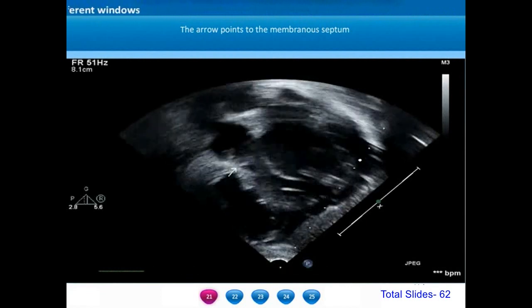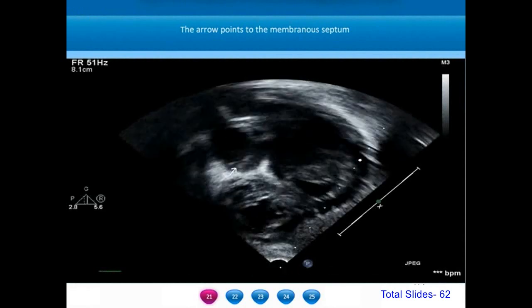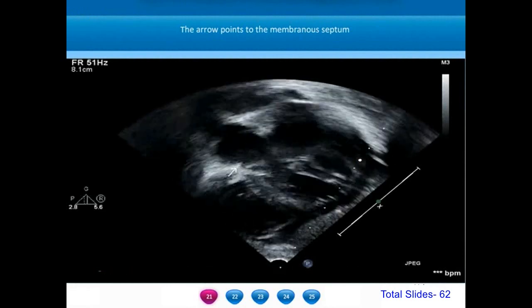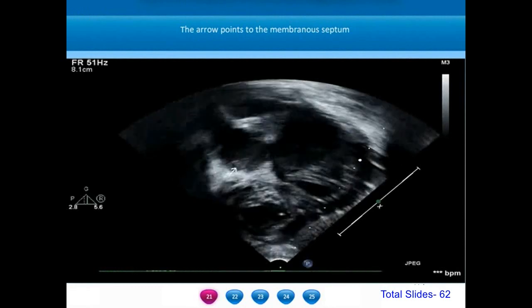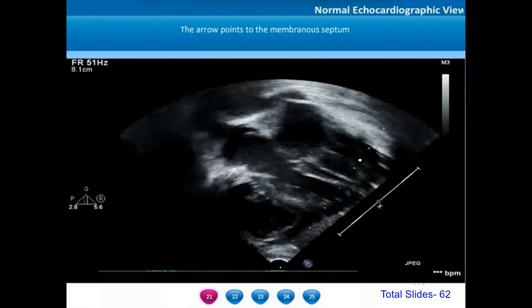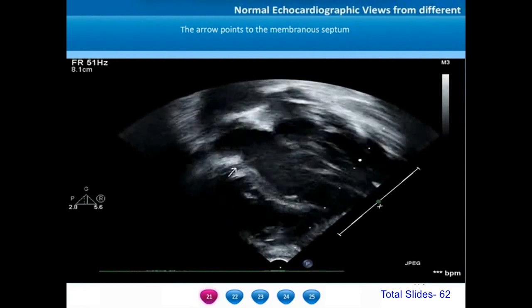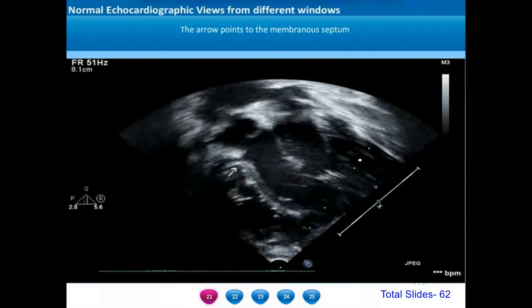The membranous septum is the part of the intraventricular septum which is located immediately below the aortic annulus and in close relation to the anteroseptal tricuspid commissure. This membranous septum is shown in this short axis view with a small arrow.